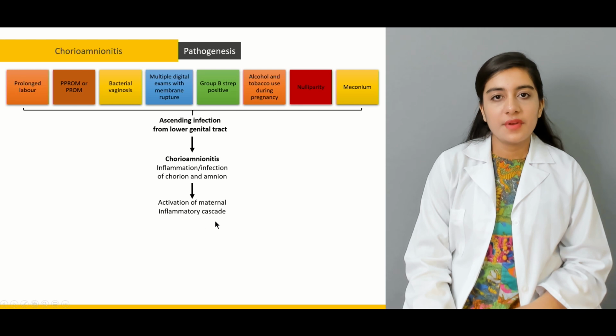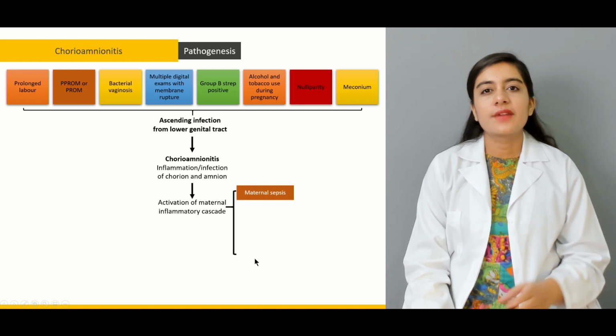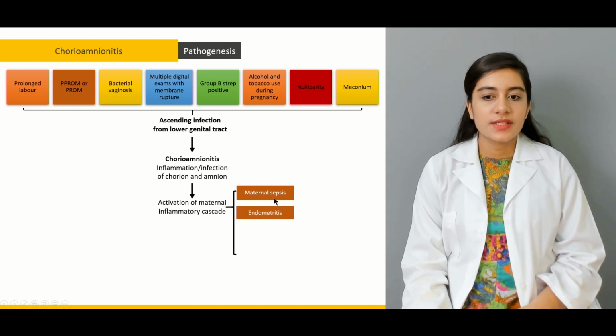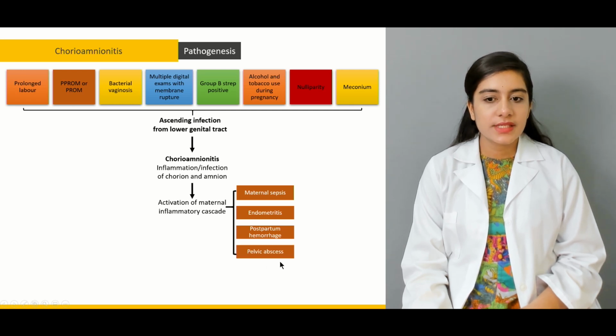Activation of the maternal inflammatory cascade. Now, these are the signs and symptoms that we are discussing that will be happening inside the mother. The first ones are maternal sepsis, endometritis, postpartum hemorrhage, pelvic abscess.